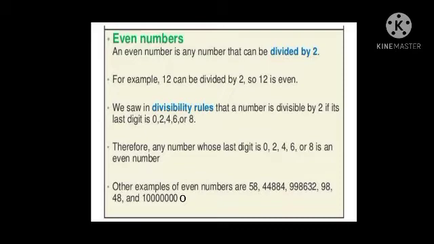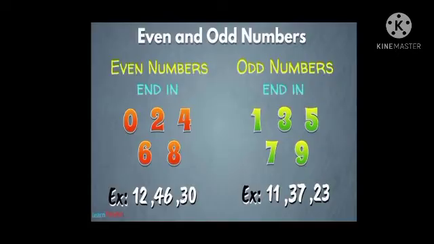Here all the given numbers end with 0, 2, 4, 6 or 8. So these numbers are called even numbers. Students, keep in mind even and odd numbers. Even numbers end in 0, 2, 4, 6 and 8. Odd numbers end with 1, 3, 5, 7 and 9.